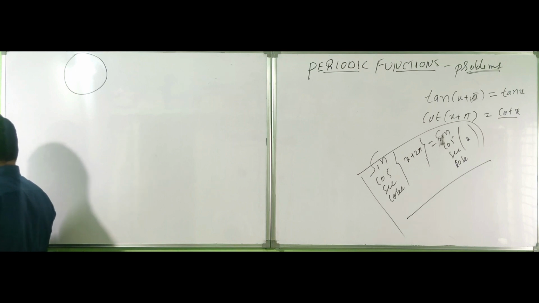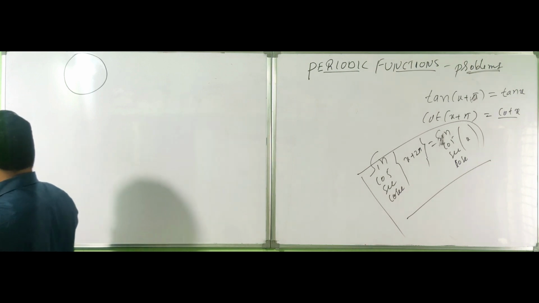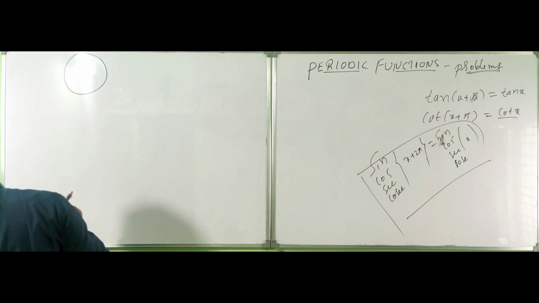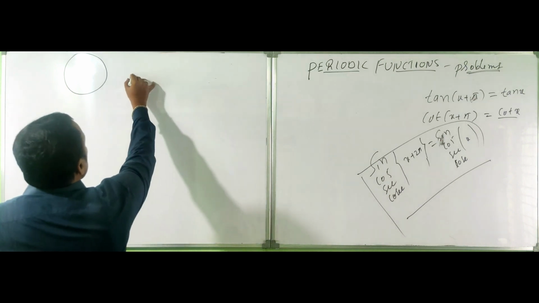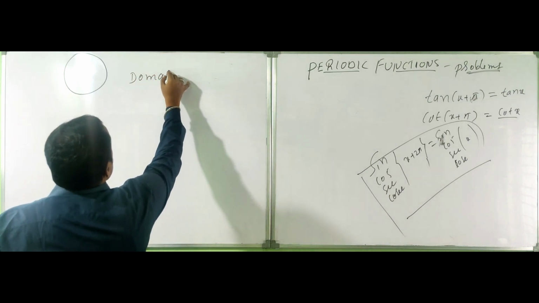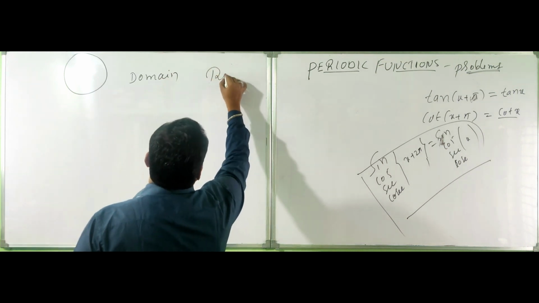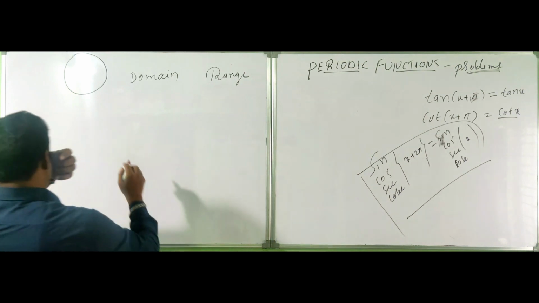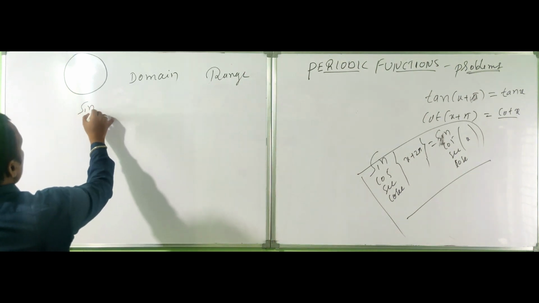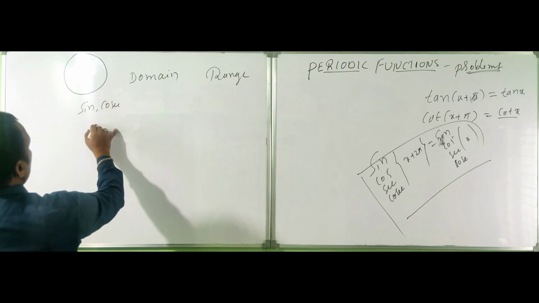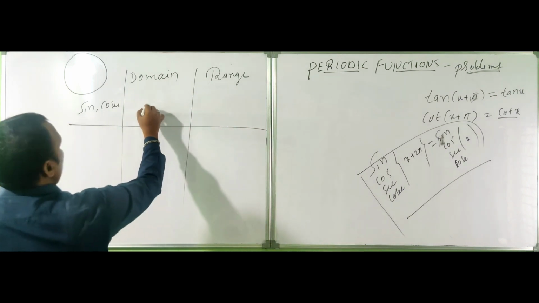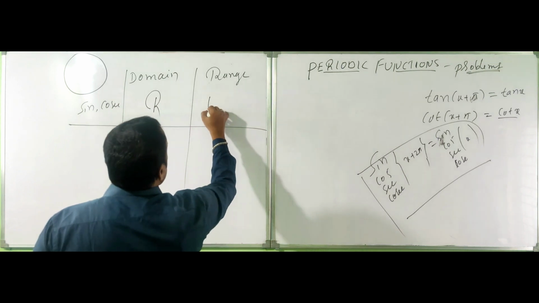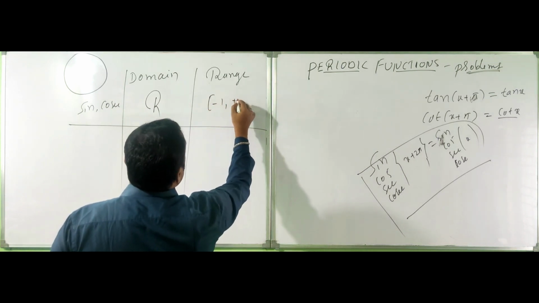Based on these formulas, we also need the domain and range of sine, cosine, and cosec. For sine and cosec, the domain is R, and the range is -1 to +1.